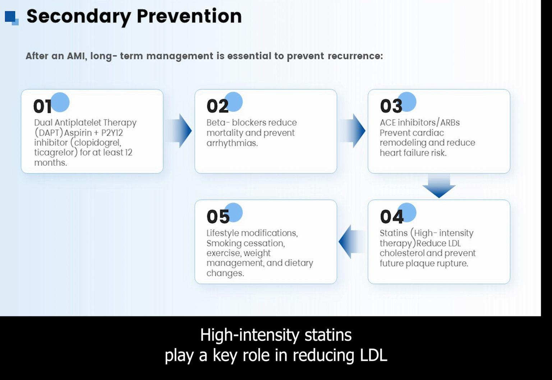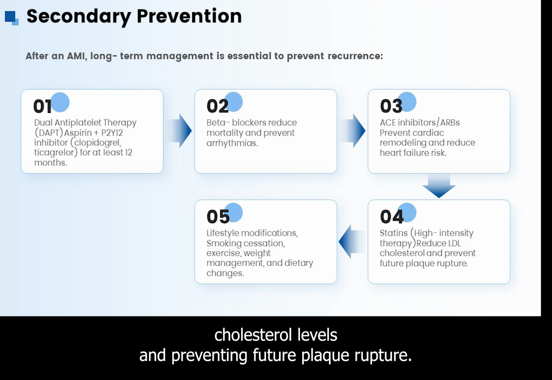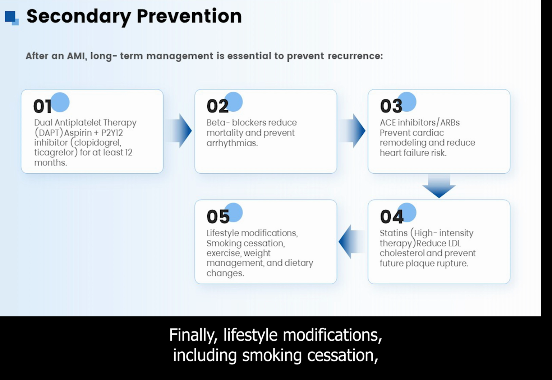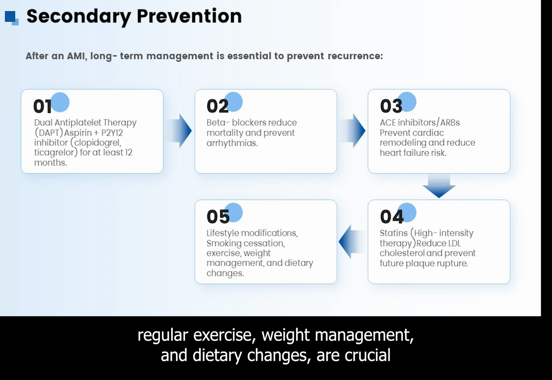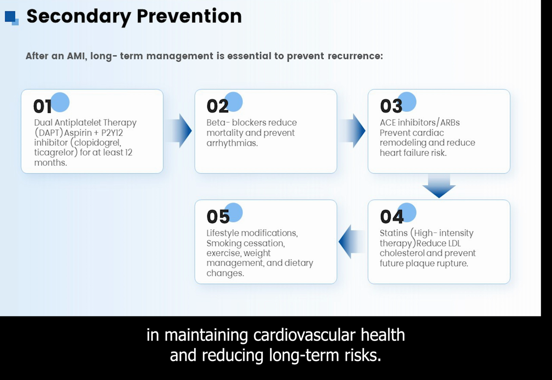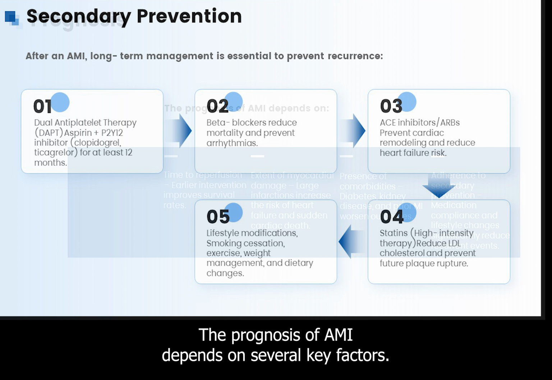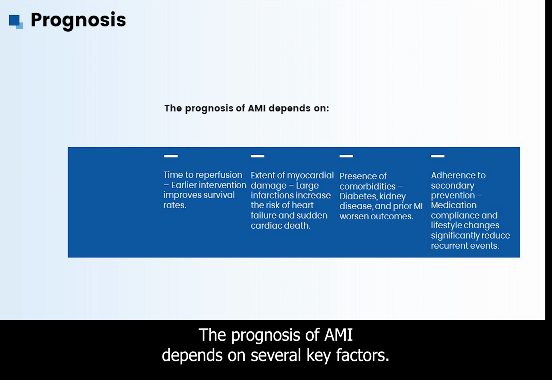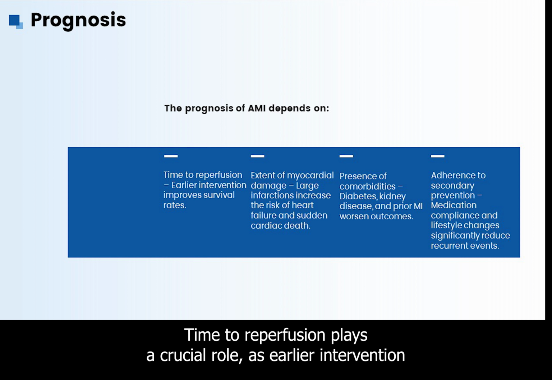High-intensity statins play a key role in reducing LDL cholesterol levels and preventing future plaque rupture. Finally, lifestyle modifications, including smoking cessation, regular exercise, weight management, and dietary changes, are crucial in maintaining cardiovascular health and reducing long-term risks.